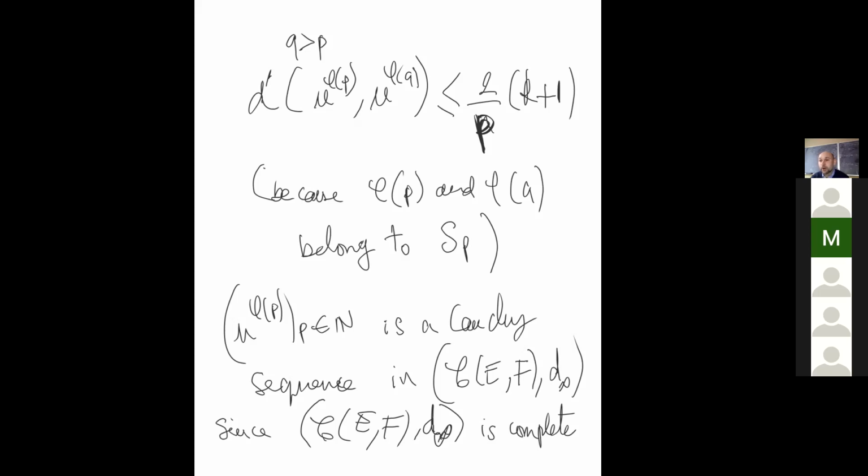Then it converges for each t. But then, since the distance doesn't depend on t, you can go to the limit and show that the convergence to this function that you define for each t is uniform.